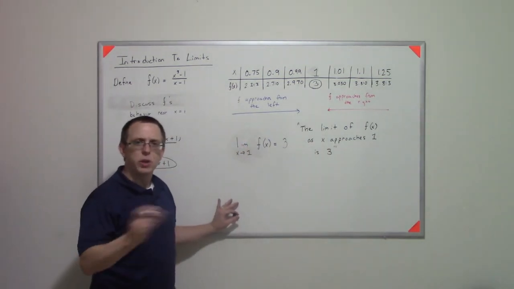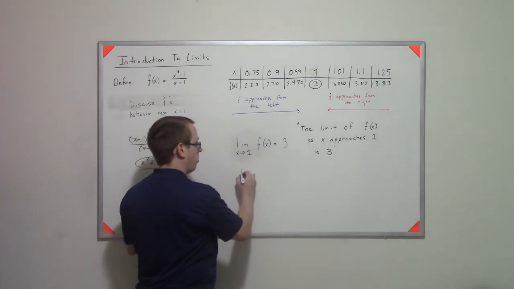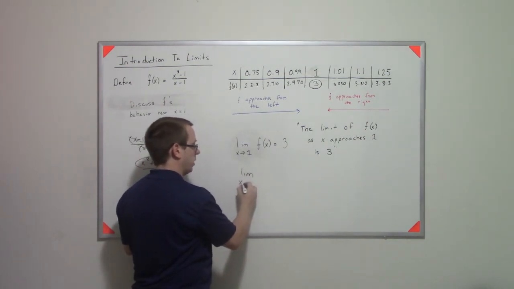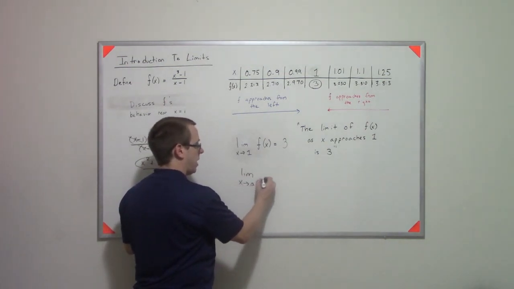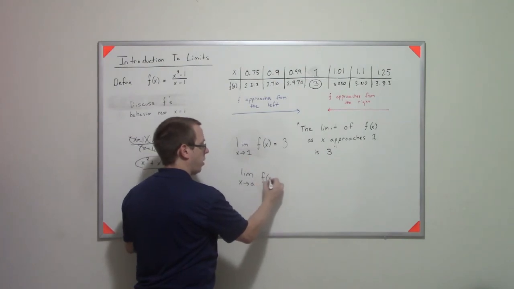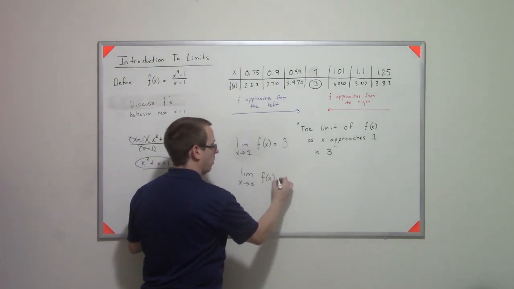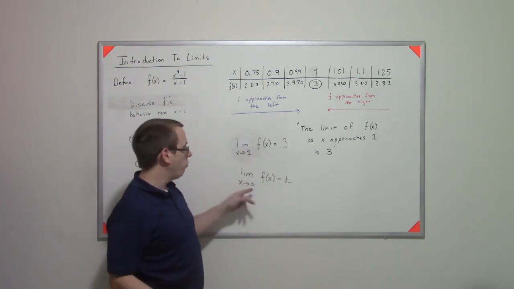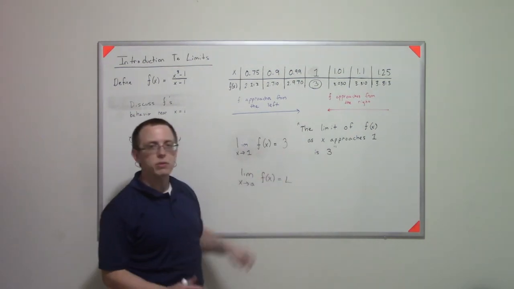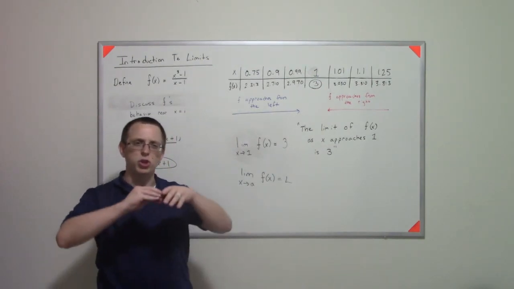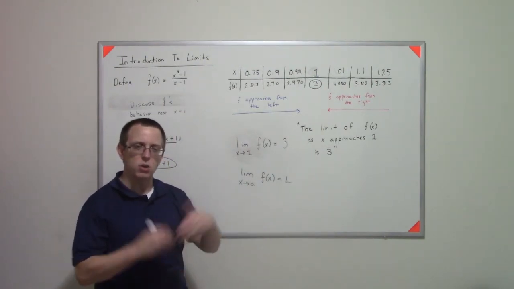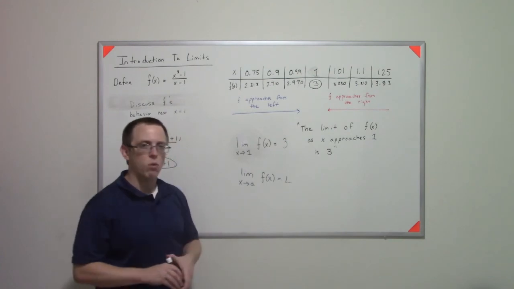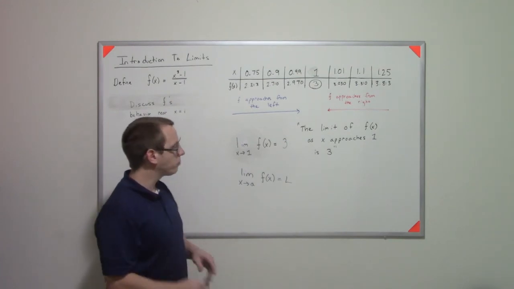And generally or generically speaking, we write about limits like this. We say the limit as x approaches a of f of x equals L. This is a generic way. So instead of 1, we have some sort of a, and instead of 3, we have some sort of L. You can plug in a, you can plug in L to figure out what you're dealing with.